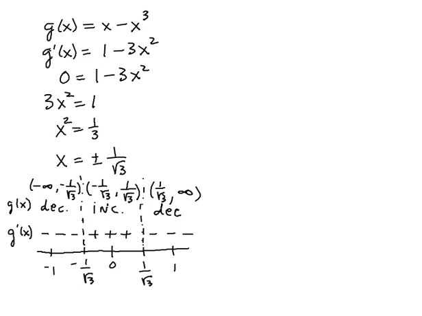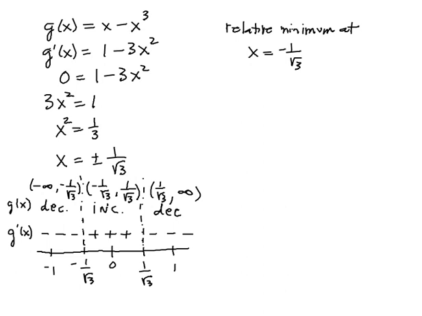For a function to be decreasing and then start increasing again, I've hit a low point somewhere there. So I have a relative minimum at x equal to negative 1 over the square root of 3.